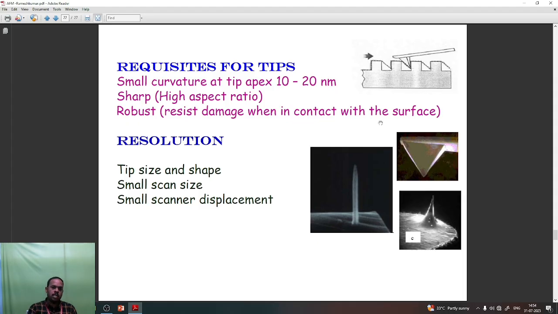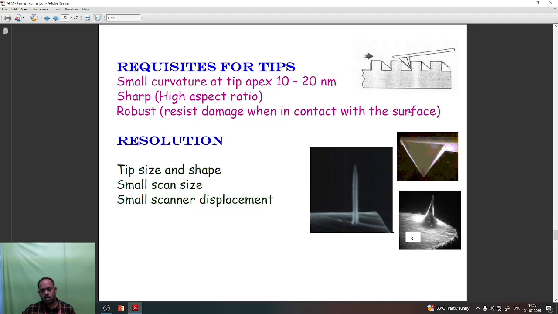Usually the cantilever tips have a small curvature, very sharp tips of 10 to 20 nanometer, with high aspect ratio. Usually the aspect ratio is calculated as length by breadth. High aspect ratio means a sharper tip, robust, resisting damage when in contact with the surface.